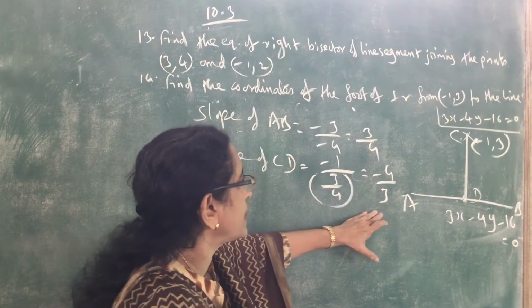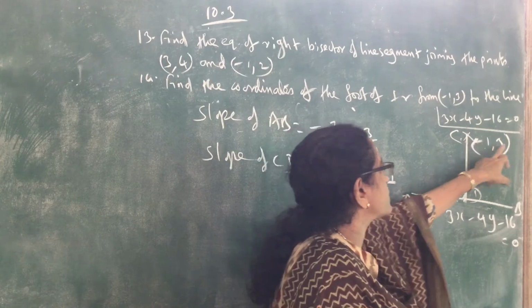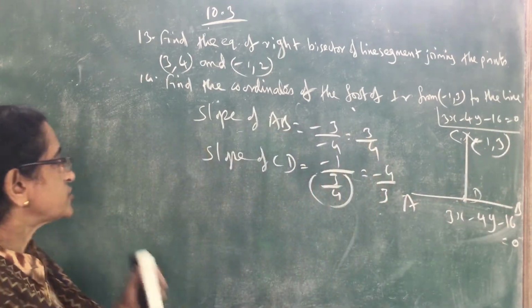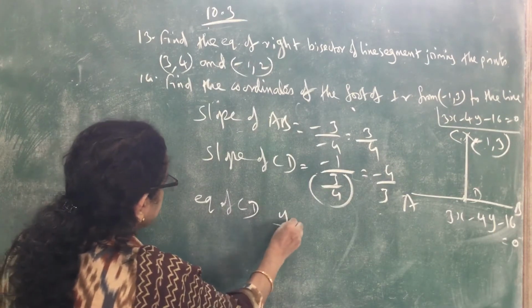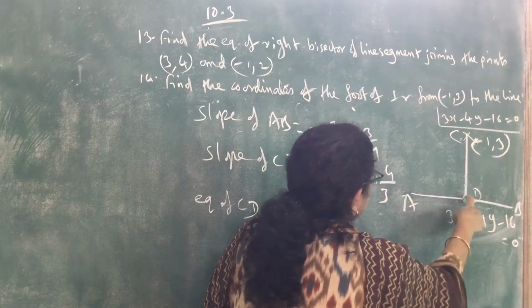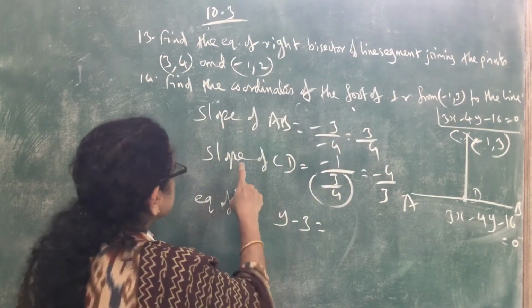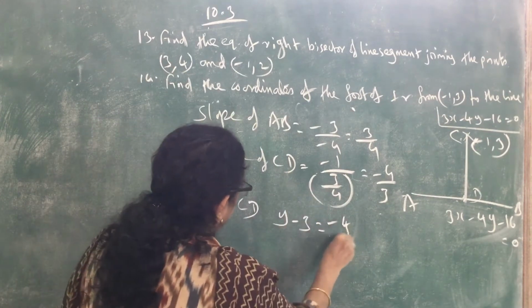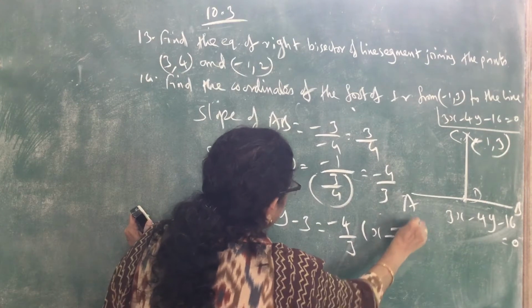Now we have the slope of CD, minus 4 by 3, and one point on CD, (-1, 3). So the equation of CD: y minus y1 equals slope times x minus x1, where (x1, y1) is a point on line CD. So y minus 3 equals minus 4 by 3 into x minus minus 1.